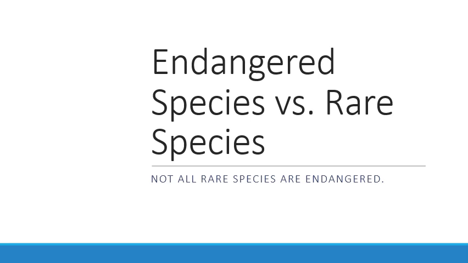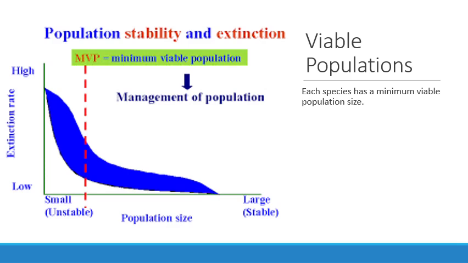A rare species is living in balance with the world around it and is not terribly in danger. An endangered species is not viable in its population, whereas a rare species is viable. It will survive. Every species has a minimum value to its population size, and that's different among different organisms.